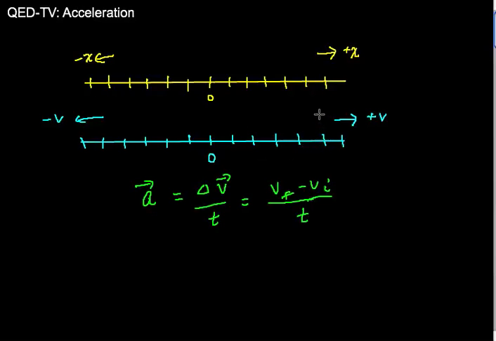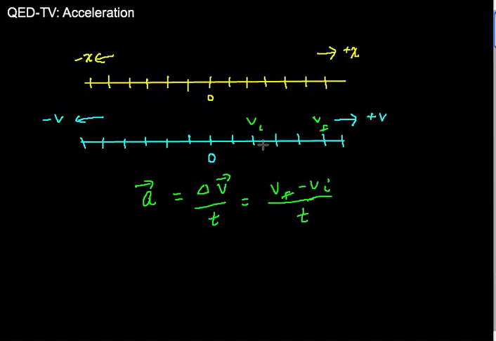Let's make a new layer here. So I'll have this be my final velocity and this be my initial velocity right there. And we'll say that that takes 3 seconds to go from this velocity to this velocity.